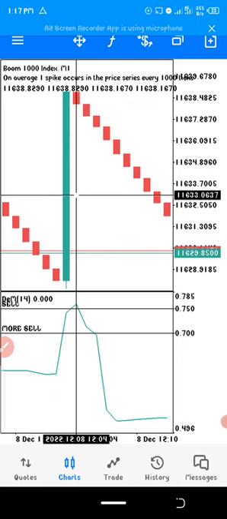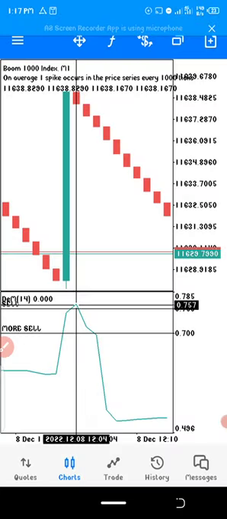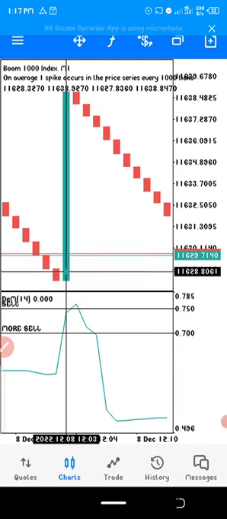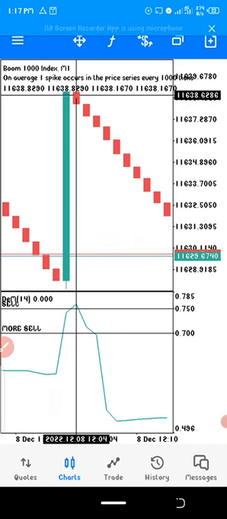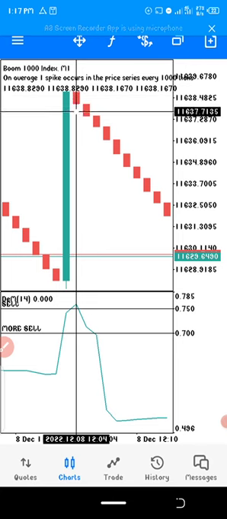If it's closing in a red candle and the indicator is above the 0.7 or 0.75, then we are going to enter the market. So we have the spike right here first above the 0.7, then we have the close, which even took us above the 0.75.